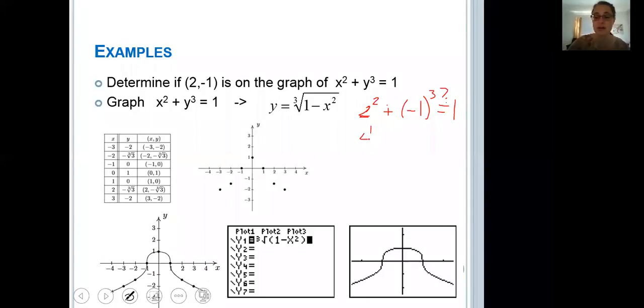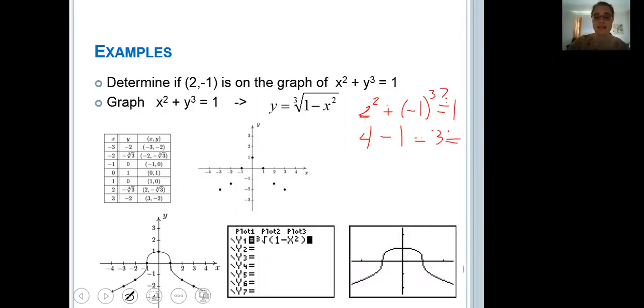So 4 is 2 squared. -1 to the third power is -1. That is 3.